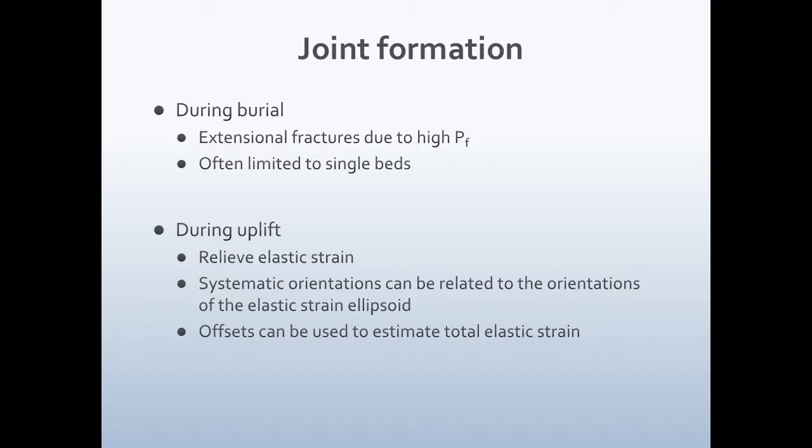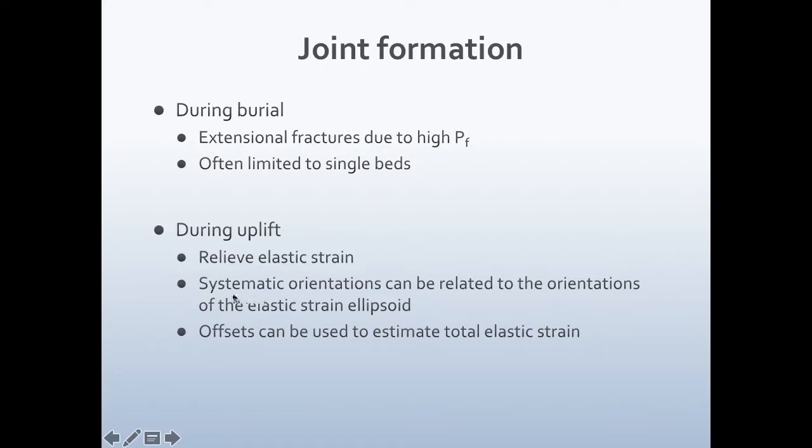The rock is also being unloaded, so the weight of the rocks above is decreasing, but the pressure of the rocks around them is not necessarily decreasing by the same amount. So the rock is experiencing this change in the principal stresses, and that will inevitably cause some shrinking as the rock nears the surface. And that's an elastic strain that's relieved by the formation of these fractures.